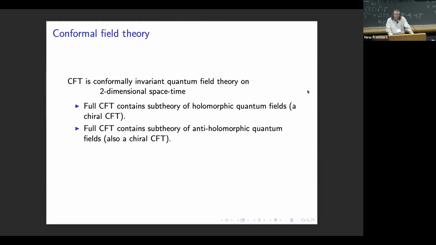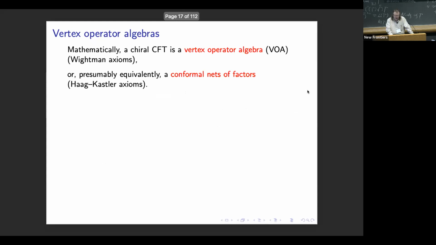And so as I said earlier, the full CFT, the true CFT, contains holomorphic quantum fields, and it contains anti-holomorphic quantum fields. So it has two chiral halves, they're called. And the full CFT is recovered by splicing together these two chiral halves. And so mathematically, you can interpret a chiral CFT in different ways.